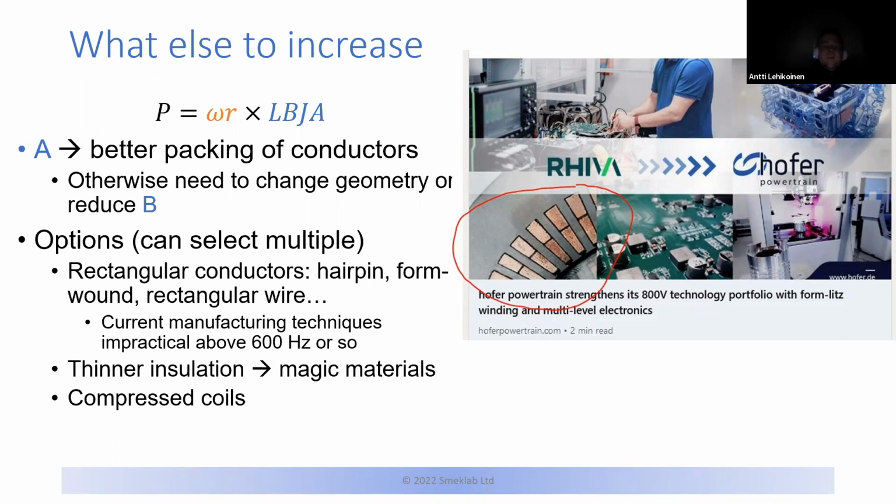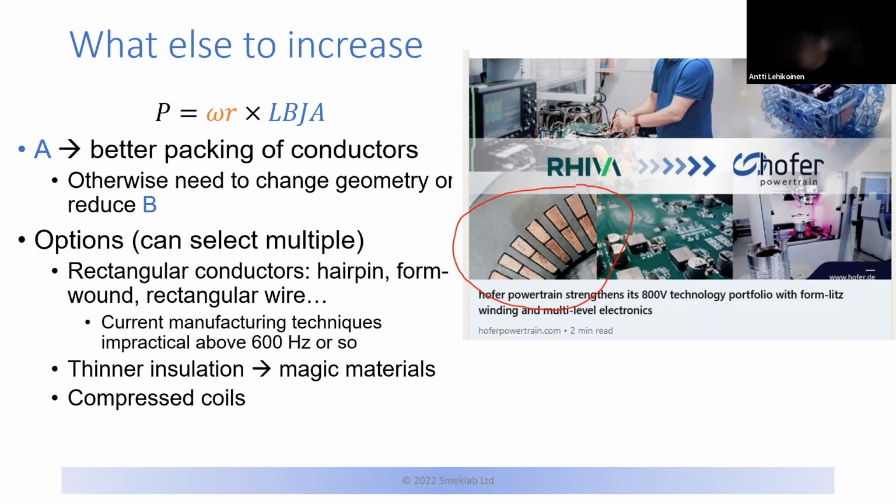And there are a few options for that. You can use rectangular conductors that are easier to pack. I think hairpin is the term that most people are familiar with nowadays. Hairpins are simply a special kind of rectangular conductors that also have that one plus side that they are quite well suited to fully automatic production with robots and laser welding and so on.